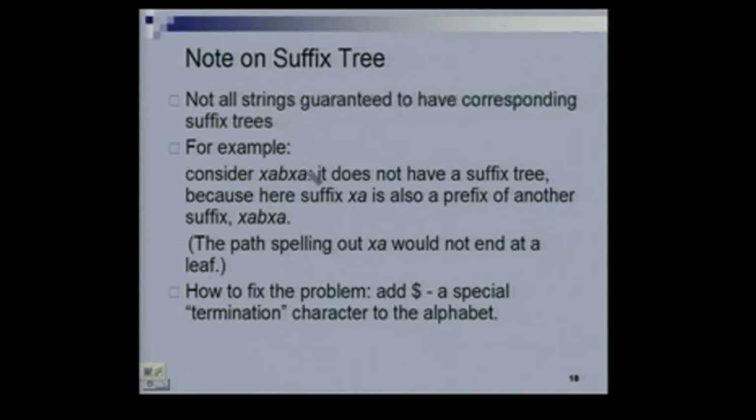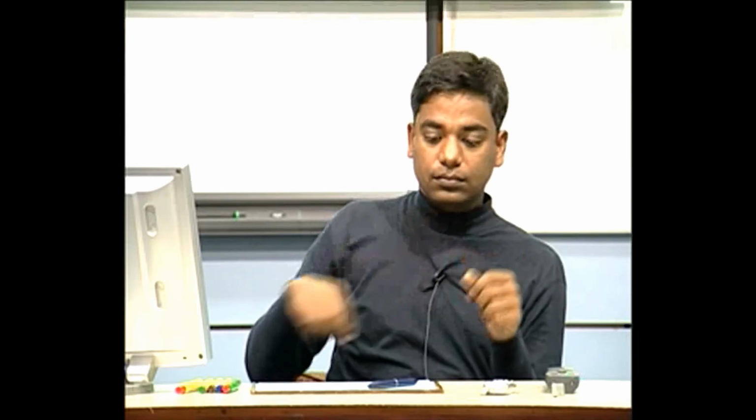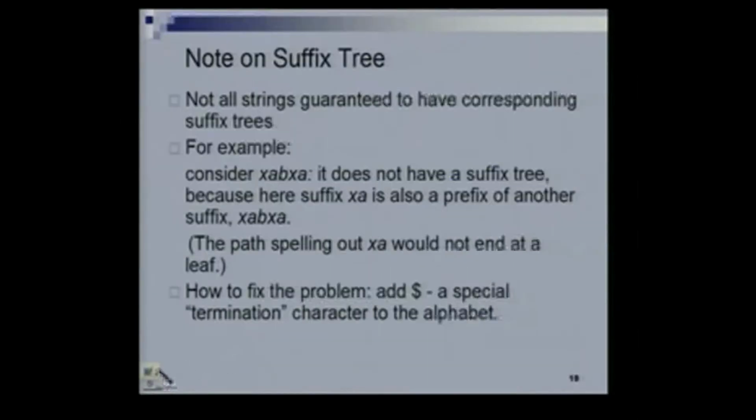I have one suffix which is XA and another suffix which is XABXA. This suffix XA is a prefix of the other suffix, right. So in my trie, what is going to happen? One of the words is going to end up at some internal node. You don't see a big problem with this? Okay, I don't have a slide on that. Let me quickly show you what I am trying to say.